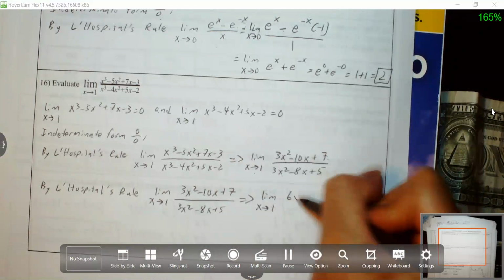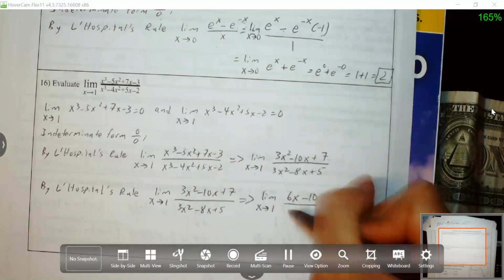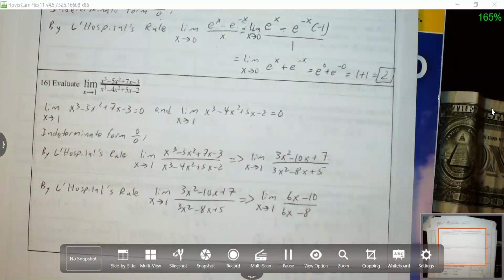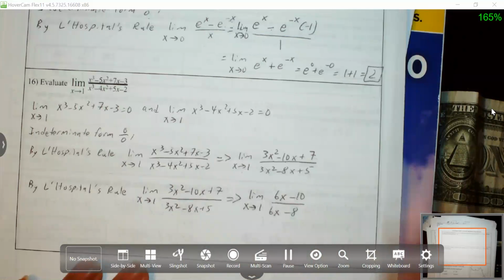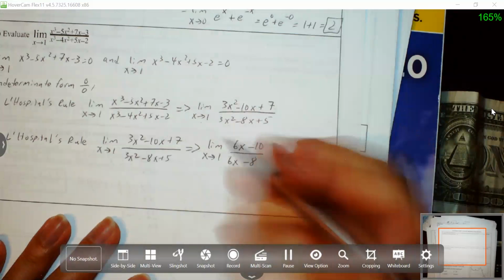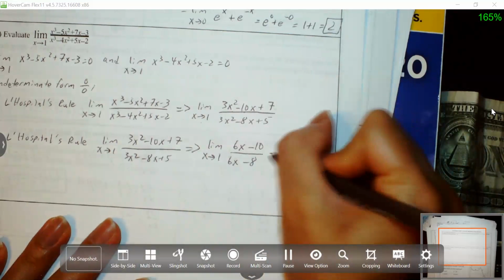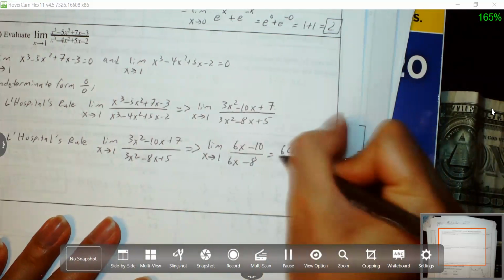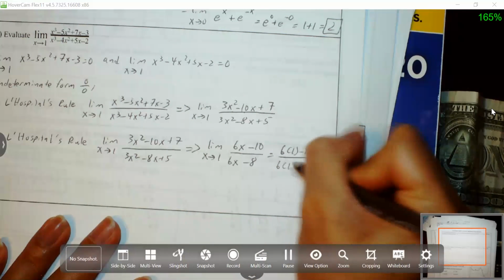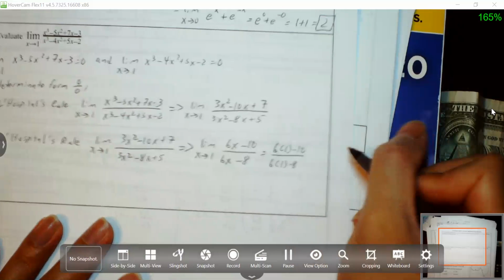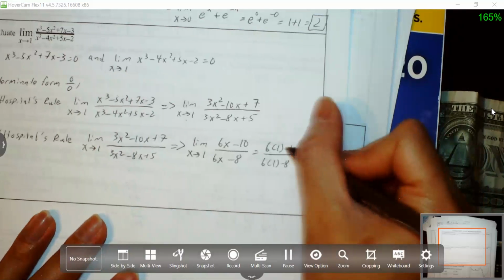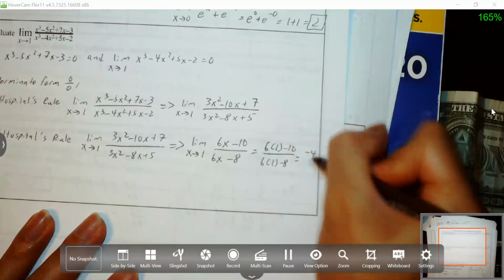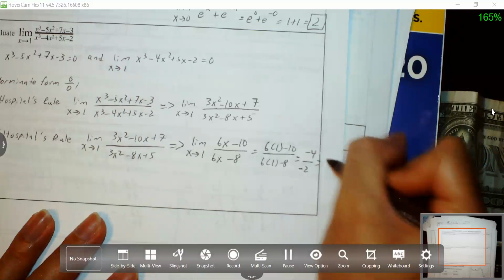So this is 6x minus 10 all over 6x minus 8. Okay, now if I plug in 1, I'm not going to get 0 over 0. 6 minus 10 is not 0. So this is equal to 6 times 1 minus 10 over 6 times 1 minus 8. So I have 6 minus 10 and 6 minus 8. So this is -4 over -2, and that is equal to 2.